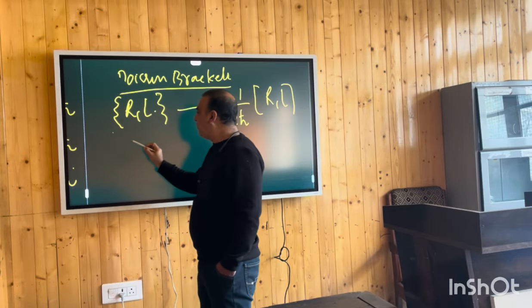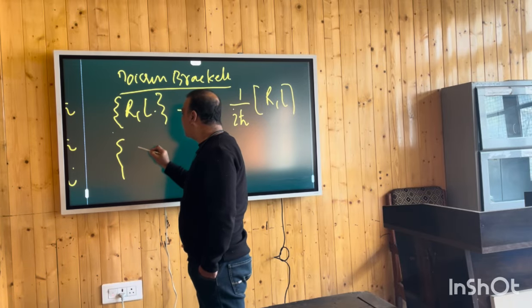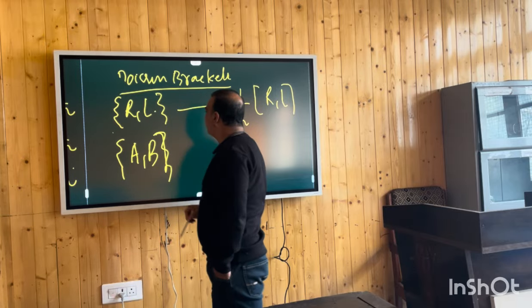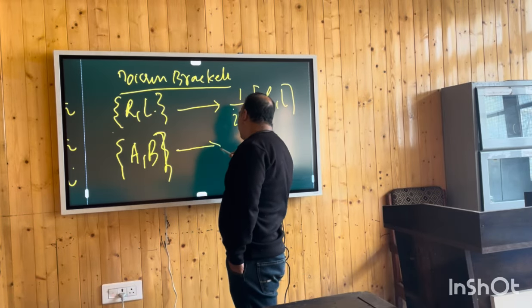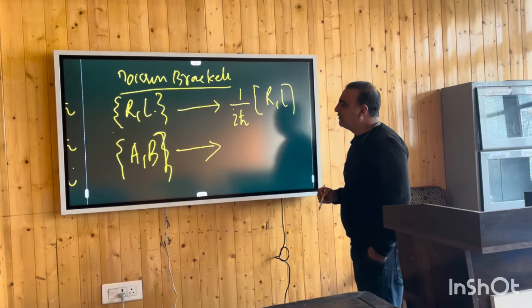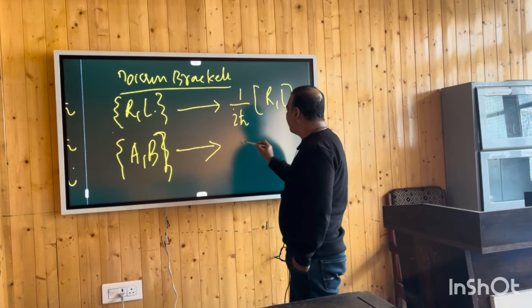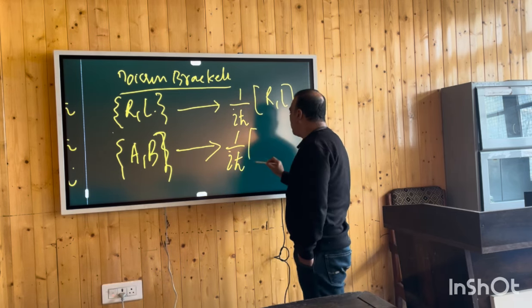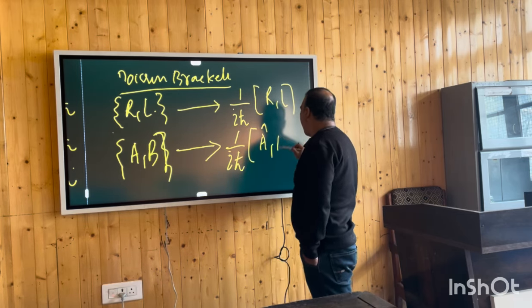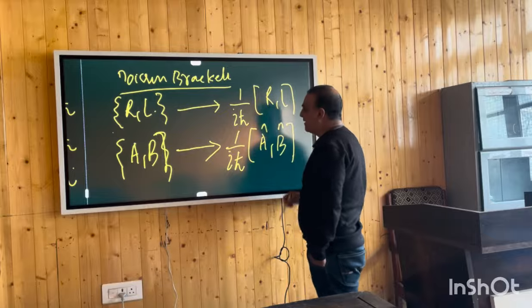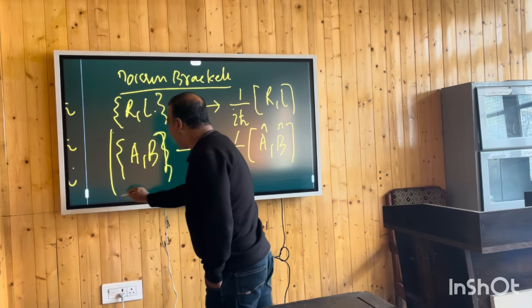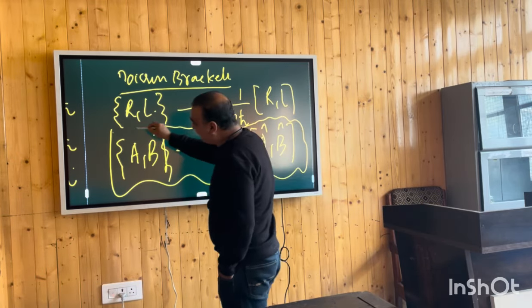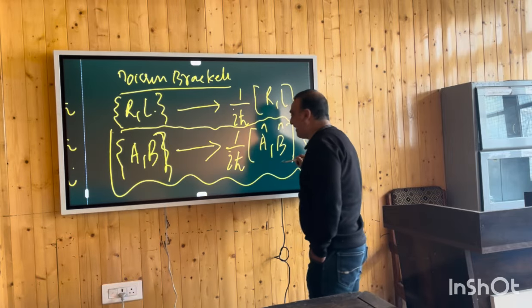So if you have classical observables A and B, you calculate their Poisson bracket, and the quantum mechanical version of this Poisson bracket is a commutator, but you have to divide it by iħ, with the commutation between the operators A and B. This is how you can bridge the classical with the quantum mechanical.